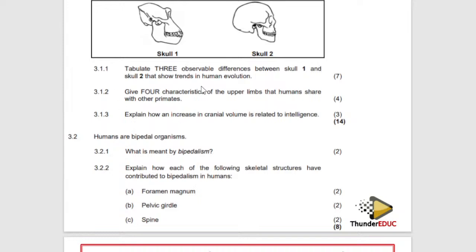They're saying tabulate the observable difference between scale 1 and scale 2. Guys, what is scale 1? Let me check if everyone can comment so that you tell me.